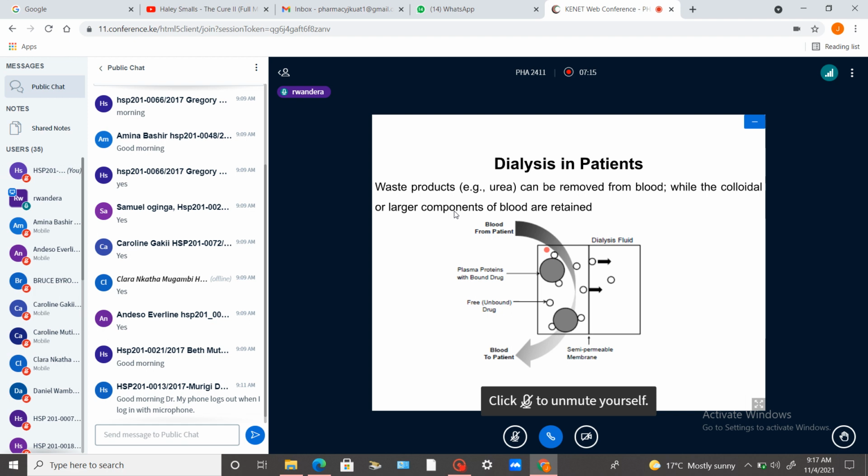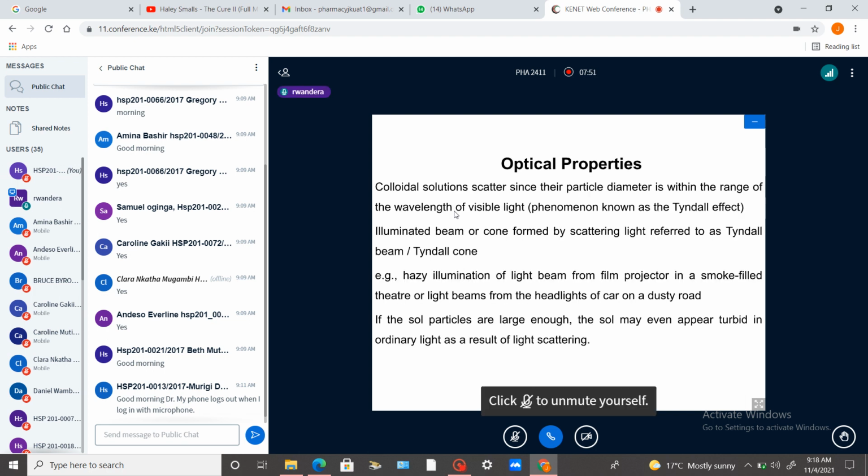So as your blood passes through compartment A, the small ions that consist of waste products or even unbound drugs will dialyze across the membrane and leave behind your blood, now devoid of waste products or even drugs. So this can also find applications in the medical field. So that's all we can say about dialysis.